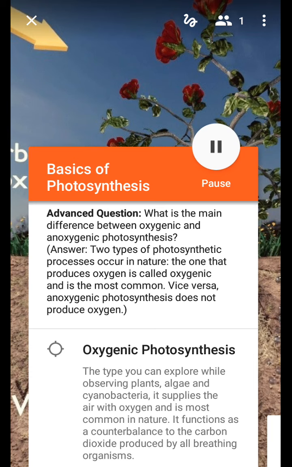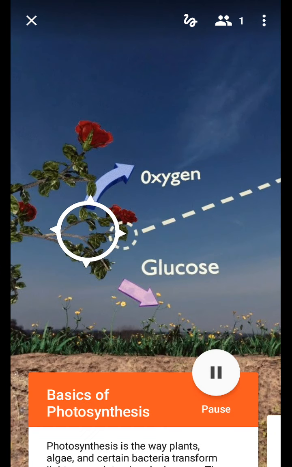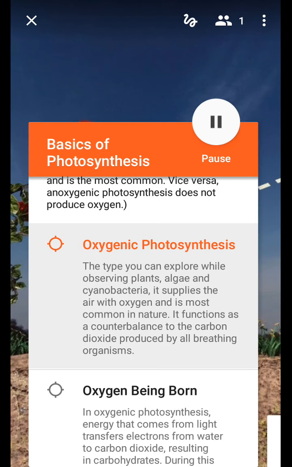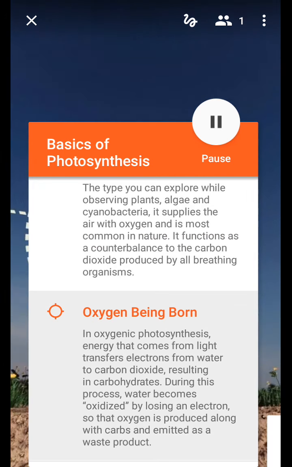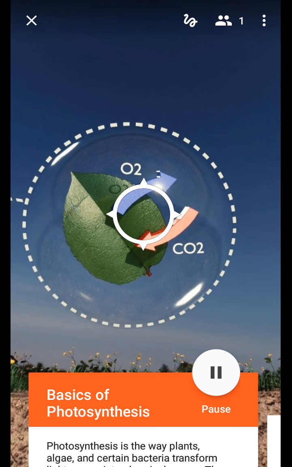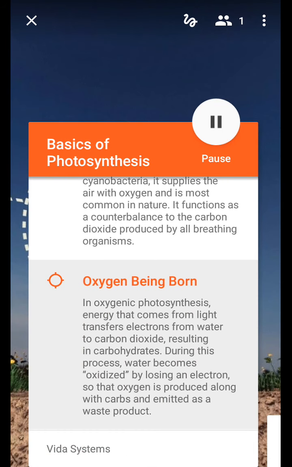For example, for photosynthesis, oxygenic photosynthesis has been defined over here with a circle. Then when you want to move to the next point, you can click on oxygen being born and read out the description which is there and show that this is the concept of oxygen being born.